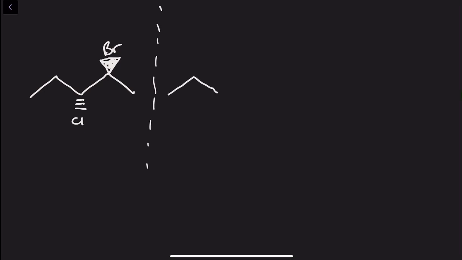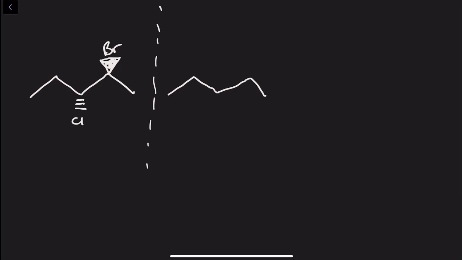Let's look at another example. If we have this pentane and we attach a chlorine here and a bromine here, try to draw the enantiomer of this compound. Now you can do it either way that we've looked at. One, you can draw the mirror image.